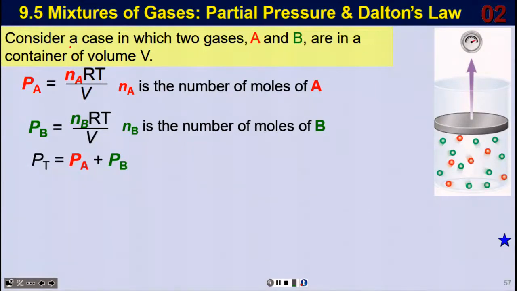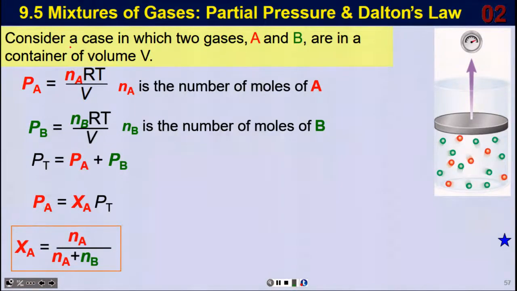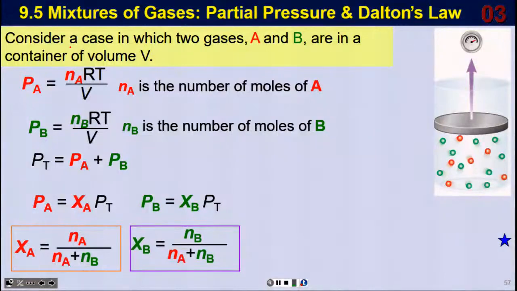The total pressure from Dalton's law is the sum of the A and B pressures. And so the pressure of A is going to be its mole fraction times the total pressure, where the mole fraction is the number of moles of A divided by the number of moles of A plus B. Or the pressure of B is going to be its mole fraction times the total pressure, where X, the mole fraction of B, is the number of moles of B divided by the moles of A plus the moles of B, the total number of moles.